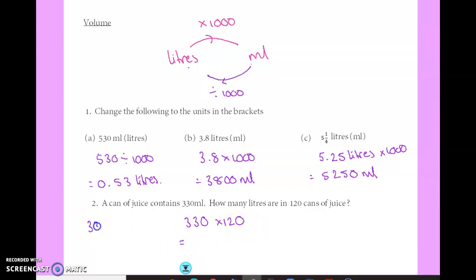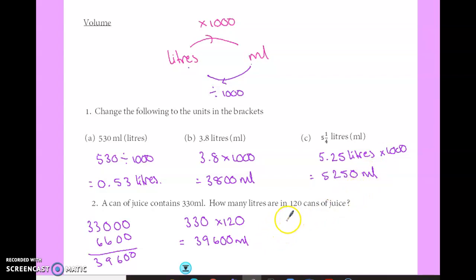If I do 330 times 100, and then 330 times 20, and add them together, I get 39,600. I'm going to have to get my calculator to check that now. That's in millilitres. So that would be for all 120 cans of juice.